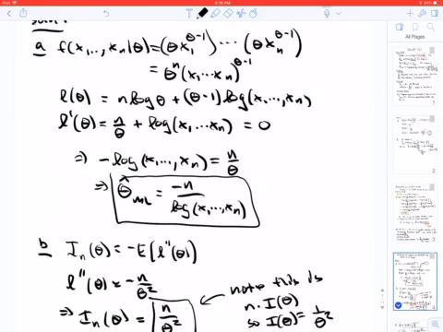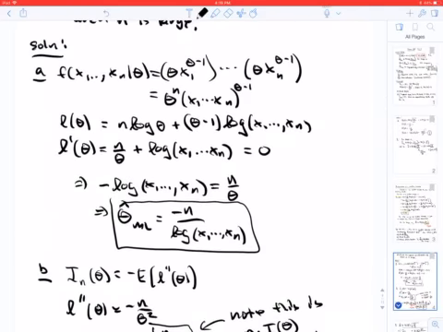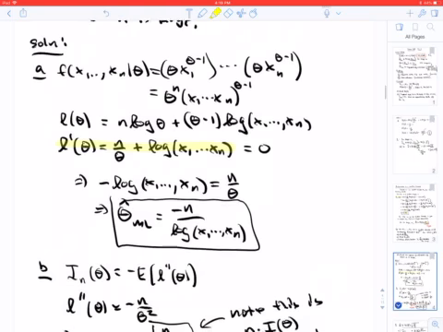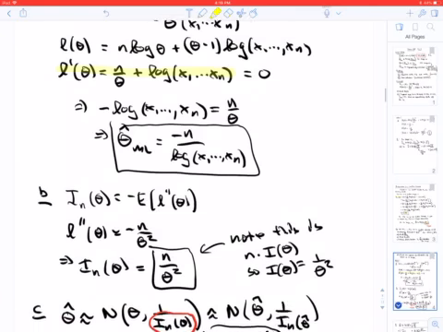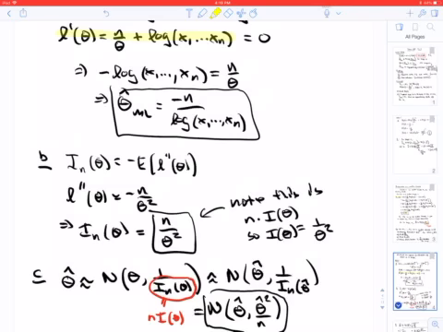The sample Fisher information. So here now, when we're calculating the sample Fisher information, we can actually use this calculation here. You can use this because we found the derivative of the log likelihood for our sample, and so all we need to do is take the second derivative of this, which I've done here, and then you can calculate the sample Fisher information.